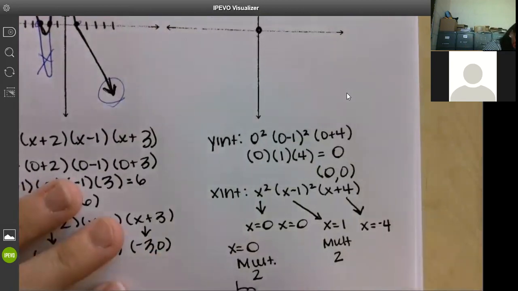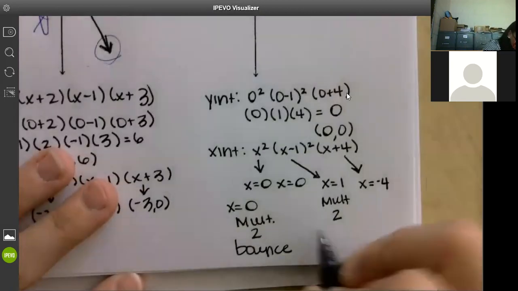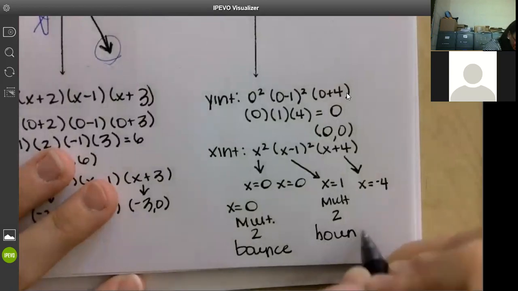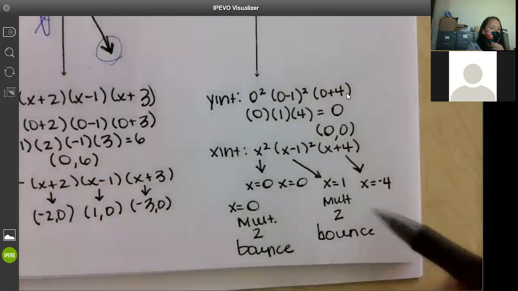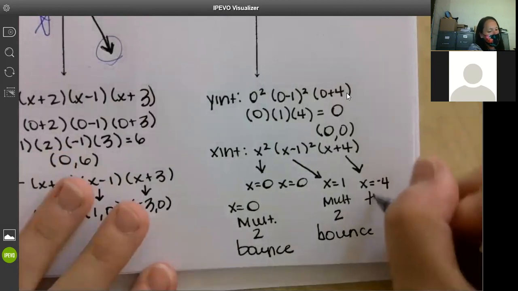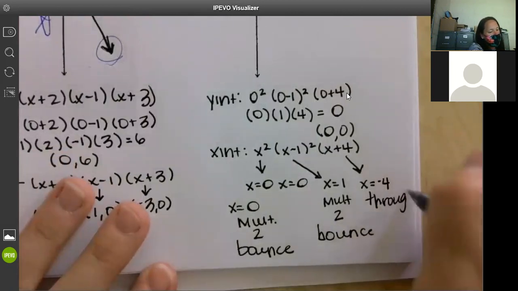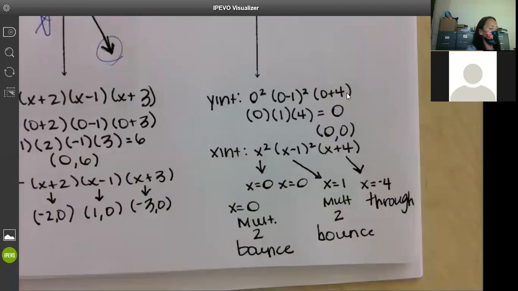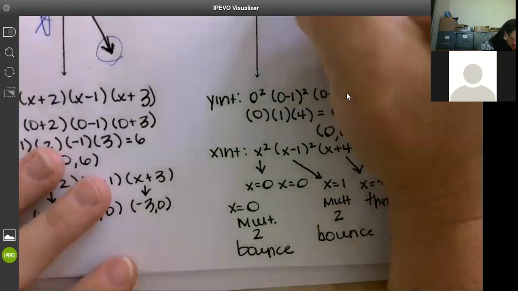So this is a bounce, and I'll move it up so you can see it. And this is a bounce. But this one is not. It'll pass through it because it doesn't have a multiplicity. Okay, pass through. So I'm going to graph those.